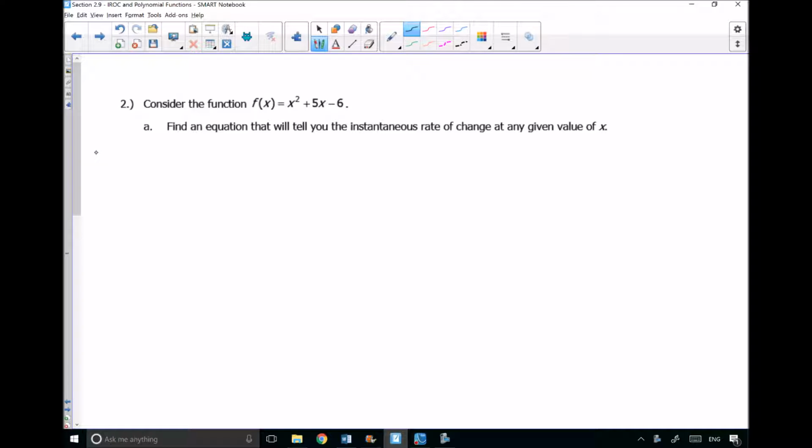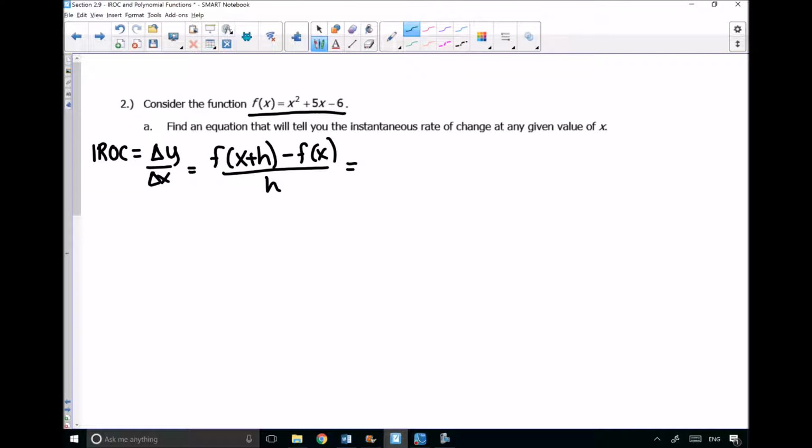So to find instantaneous rate of change, you have to do change in y over change in x. And like we said, we're going to do f of x plus h minus f of x all over h. Now, in order to be able to do this, I need to think about what my function is.